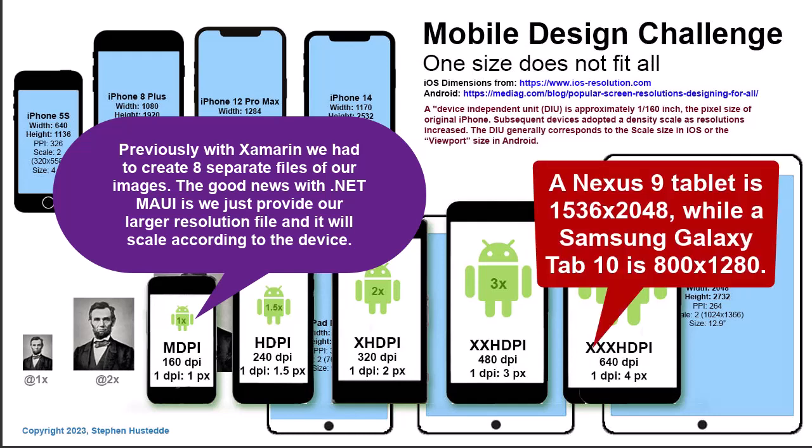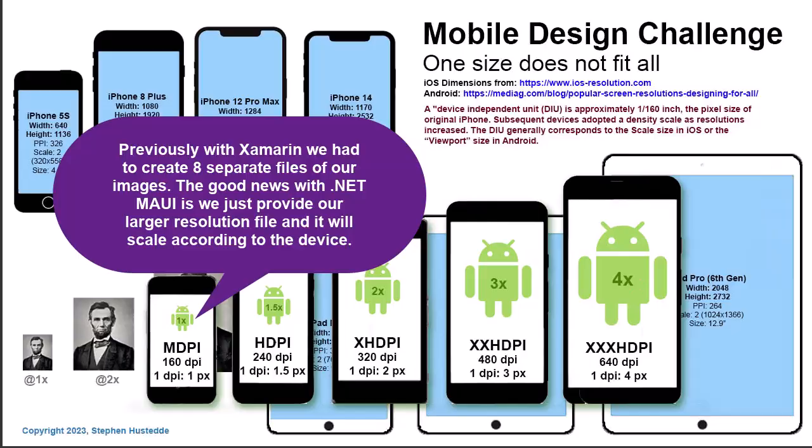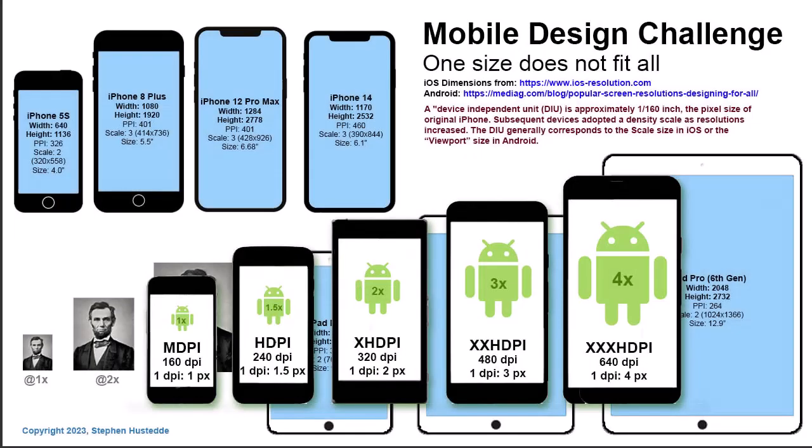And of course, then we also have the tablets on the Android side. So to get around that, we use what's called a device independent unit, and that's approximately 1/160th of an inch, and it conforms to the size of the original iPhone. There's a density scale or viewpoint factor that helps standardize the sizing between the devices.